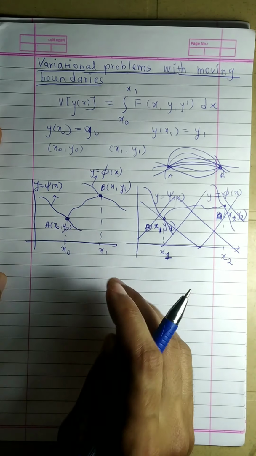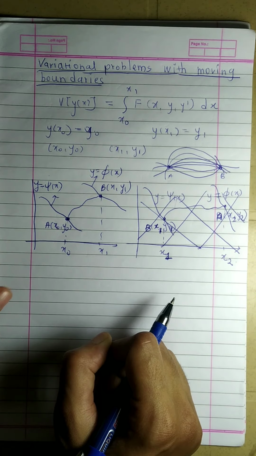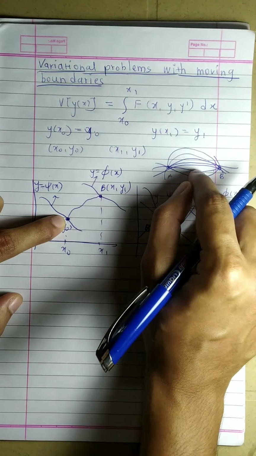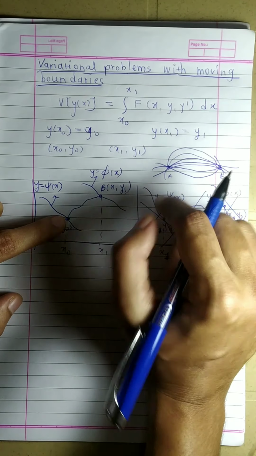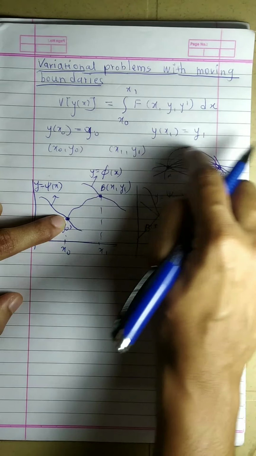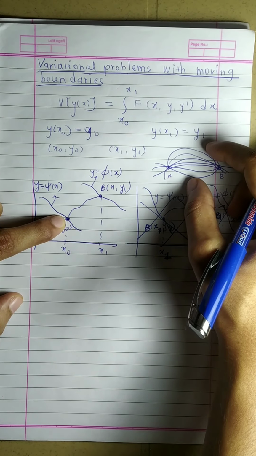Now in this case observe that we get a class of admissible curves. Admissible curves means what? In this case, when the 2 points were fixed, which was the class of admissible curves? It was this. That means these were the curves that we were considering for investigation.